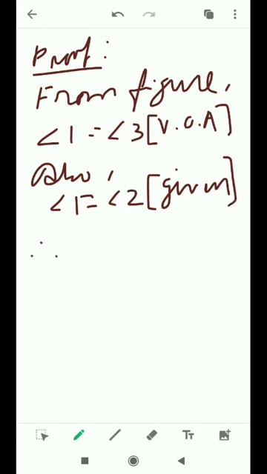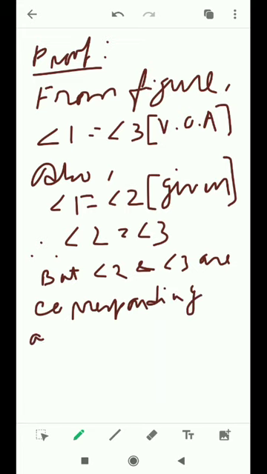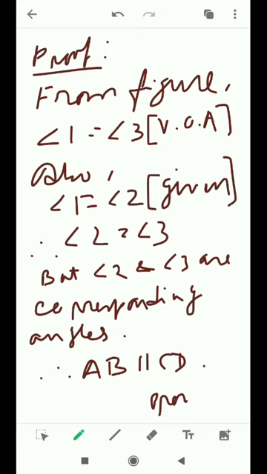So therefore can we write 2 and 3 are equal, because 1 is equal to 3 and 1 is also equal to 2, so 2 and 3 are equal. But angle 2 and angle 3 are corresponding angles. So corresponding angles are equal only when lines are parallel. So therefore we can write AB parallel to CD.